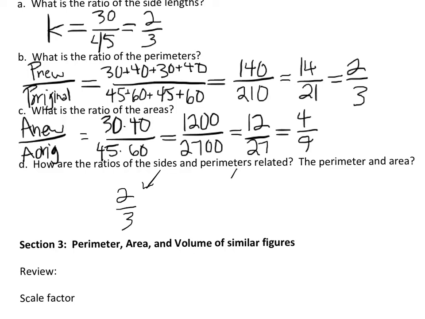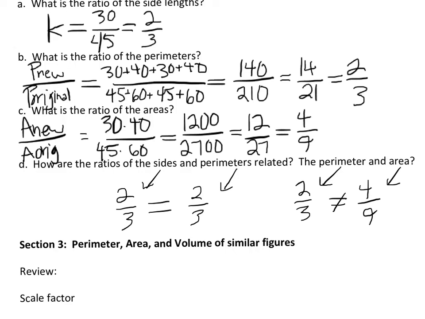And the ratio of the perimeters, well, that was also 2 over 3. So those are equal. Well, but the ratio of the perimeter, which was 2 over 3, and the ratio of the area was 4 over 9, and those were not equal. So think about, what do you think happens to the ratio of the side lengths when it becomes a ratio of the areas?